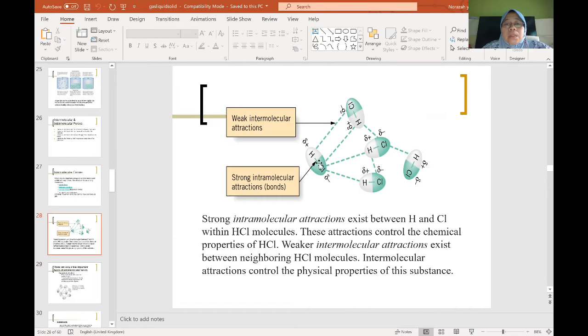The intramolecular force is actually the covalent bond between hydrogen and chlorine in the molecule, whereas intermolecular forces or attraction is the attraction or interaction between the molecules, not inside the molecule.